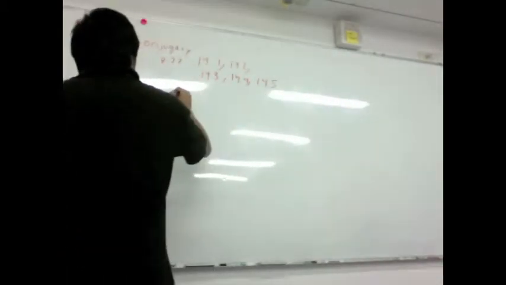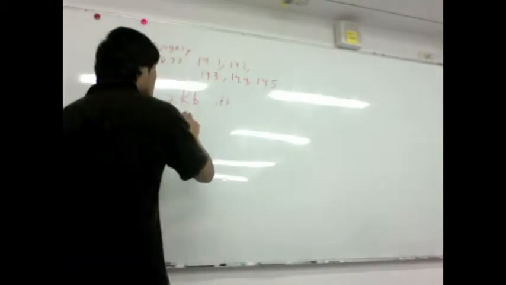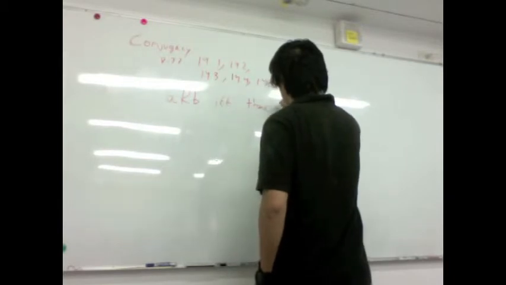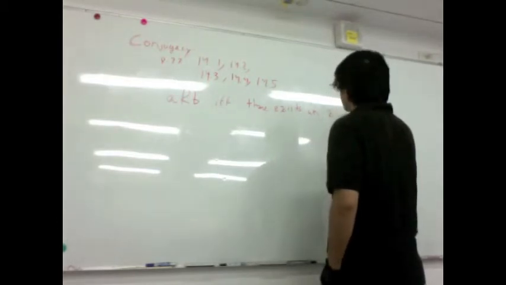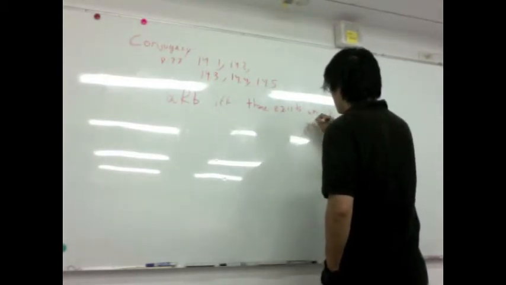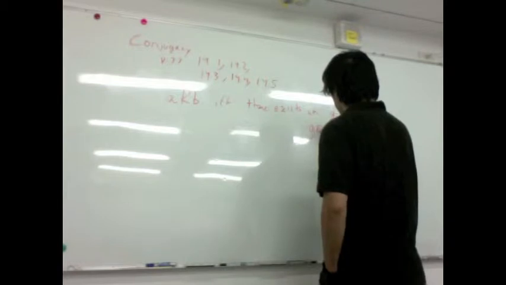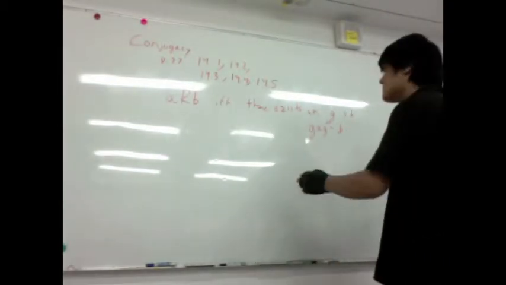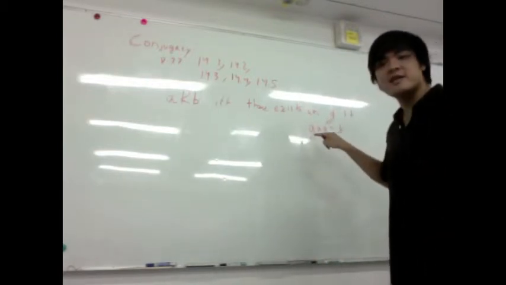We say that A is related to B if and only if there exists an element G in the group such that G A G inverse equals B. So two things are conjugate if you can find some element G such that G A G inverse equals B.